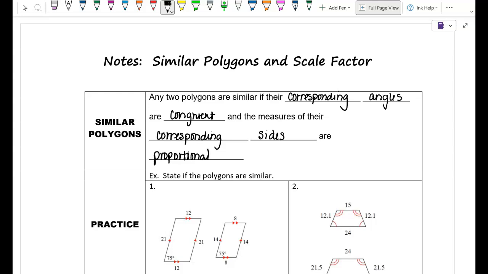So angles are going to be congruent, sides have to be proportional, hence one of the reasons we had to learn about proportions, because we're going to be applying them here with similar polygons.